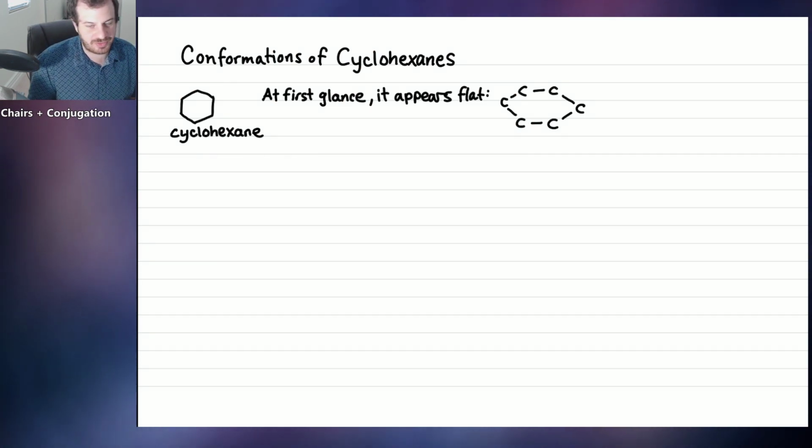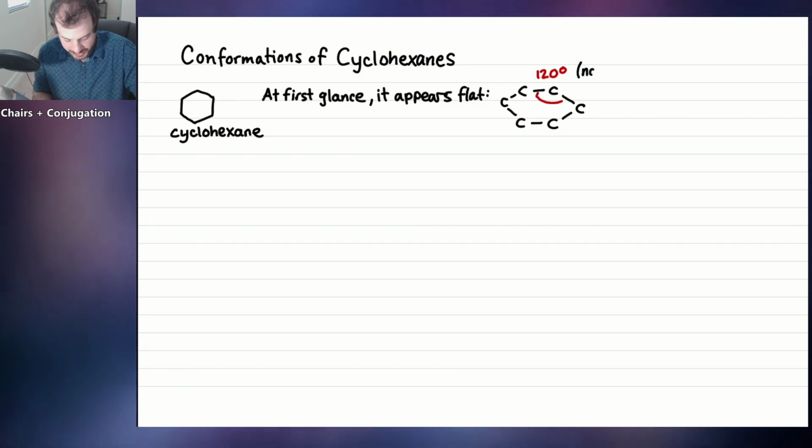But it turns out this would not be good, because if you look at the angles inside of a hexagon, if you remember from your geometry class, the angles inside of a hexagon are 120 degrees. Now, I didn't draw in any of the hydrogens on the cyclohexane, but note that all the carbons in cyclohexane are sp3 hybridized, and so 120 degrees would not be good for sp3 hybridized. sp3 hybridized prefers 109.5 degrees, if you remember the bond angles.